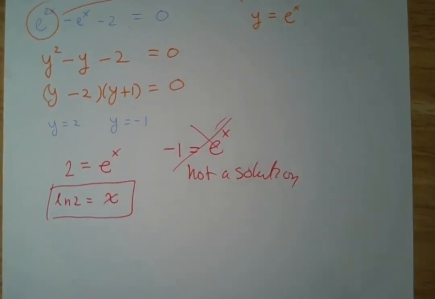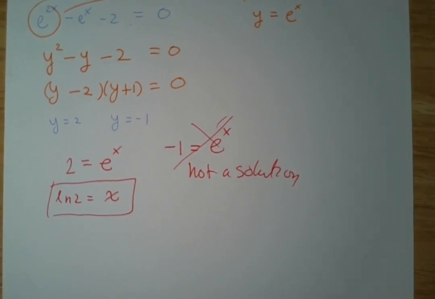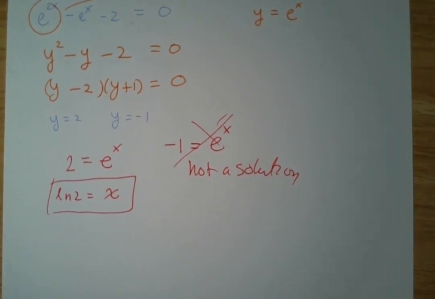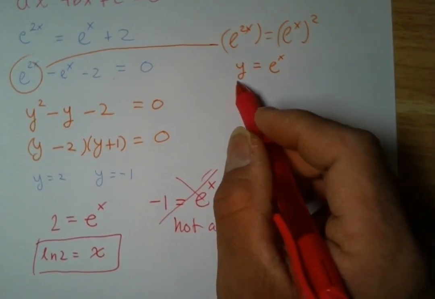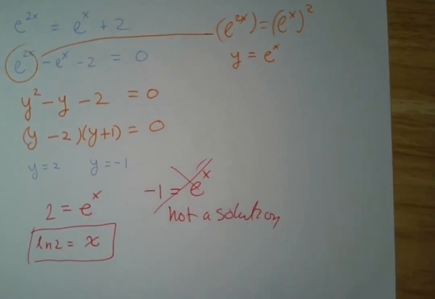We just have what's called an extraneous solution. So it's extra. That's why it's important, when dealing with these exponentials and when we do these substitutions, to double check that both of these work out.